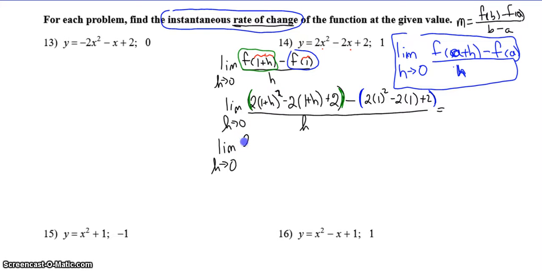So 2 plus 4h plus 2h squared. Distribute the negative 2. Negative 2 times 1, negative 2 times h, plus 2. And this here, let's see, 2 minus 2 plus 2.